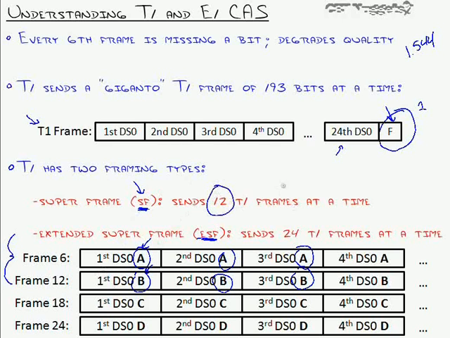So your signaling is what's known as A and B bits. For example, my signaling for the first DS0 for the 6th frame might be 0, 1, and that would be for the 6th and 12th frame. 0 is my 6th, 1 is my 12th, because you get 1 bit. And then maybe for the 18th and 24th frame, I'd have a 1, 0.